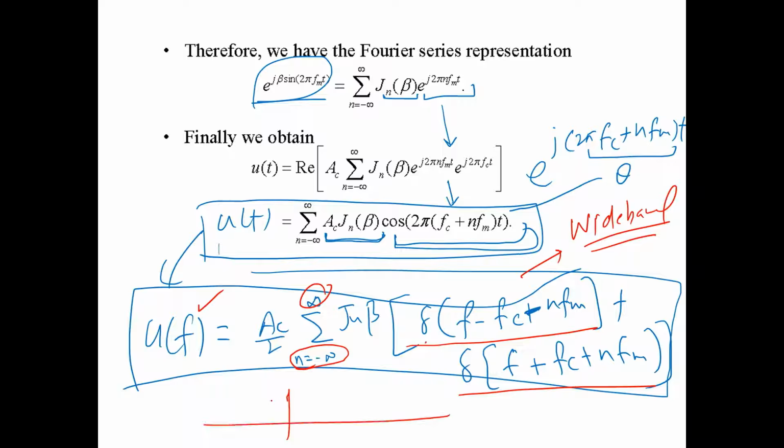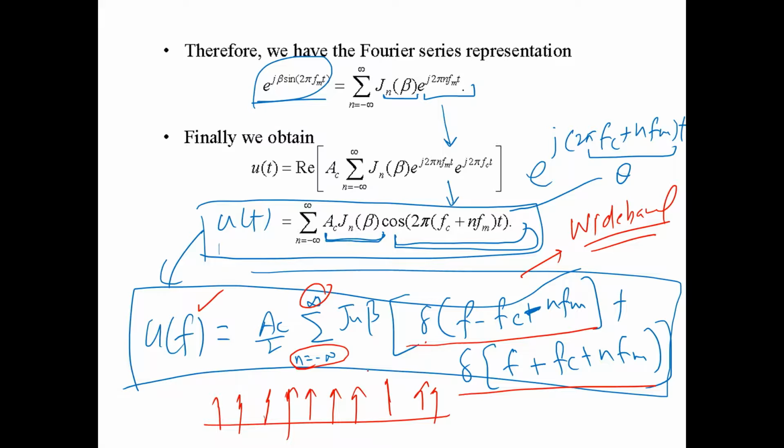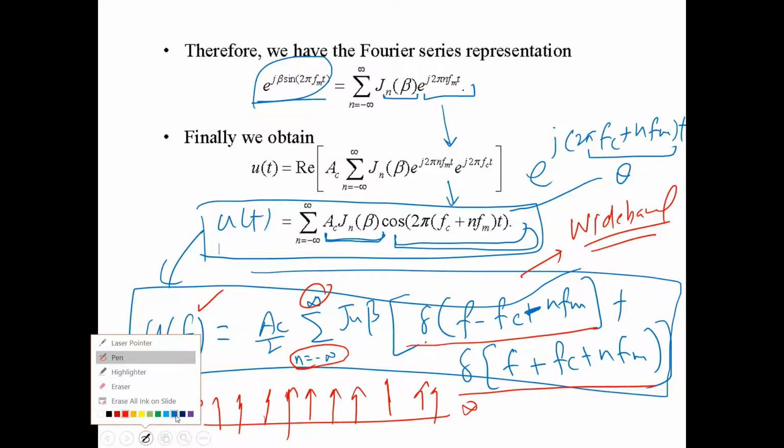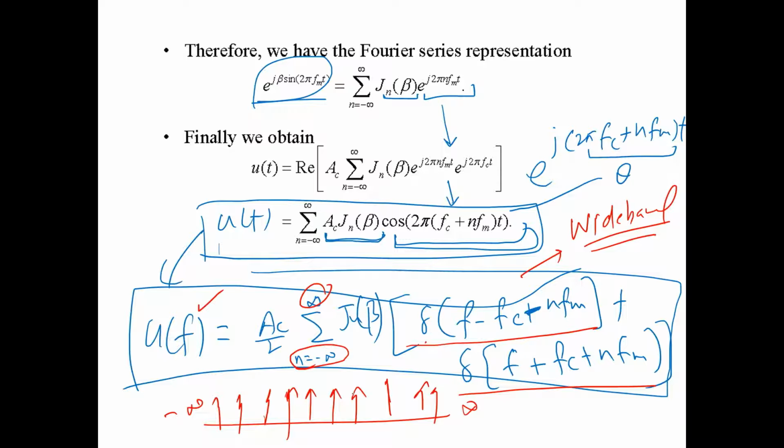For example, this is the impulse at 0, you have another impulse at fc plus nf, first one, second, third, 4, 5, 6, 7, so it's ranging from minus infinity to infinity. So we have infinite impulse components, frequency components, and the other thing is their values.